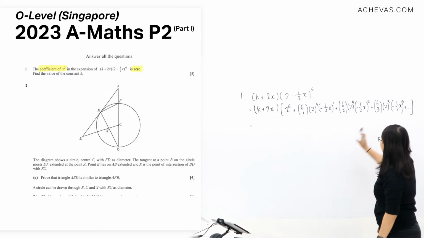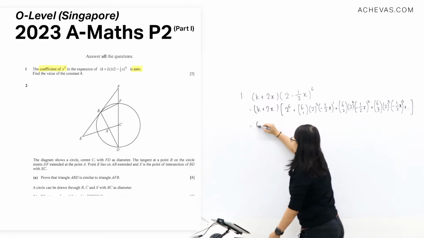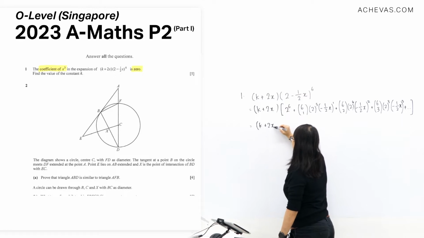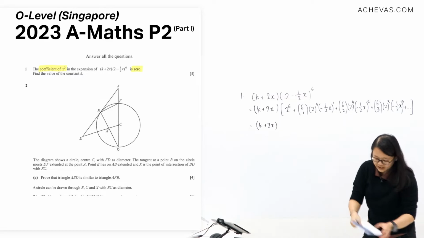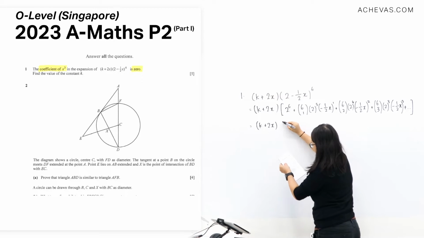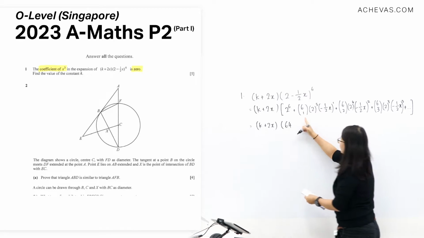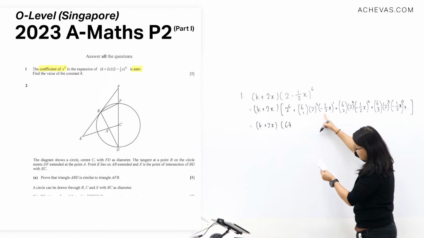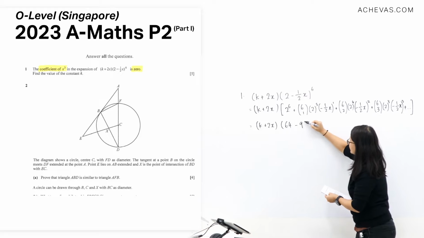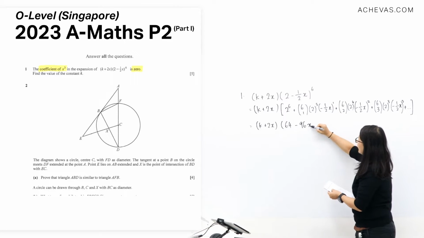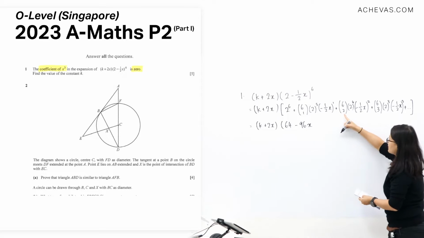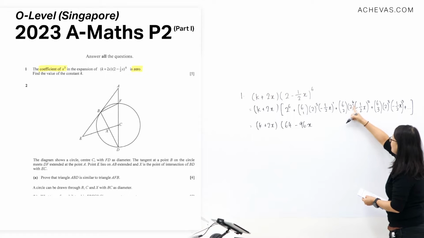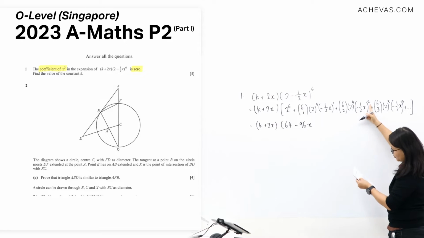Okay, so let's simplify over here, the expansion of this term here. Let me rewrite this back. So from here, I'll be getting 2 power 6 will be 64. Keying this in my calculator, 6C1 times 2 power 5 times negative half, I'll be getting a negative 96. X power 1 is x. Next, I'll be keying in my calculator, 6C2 times 2 power 4 times negative half squared.